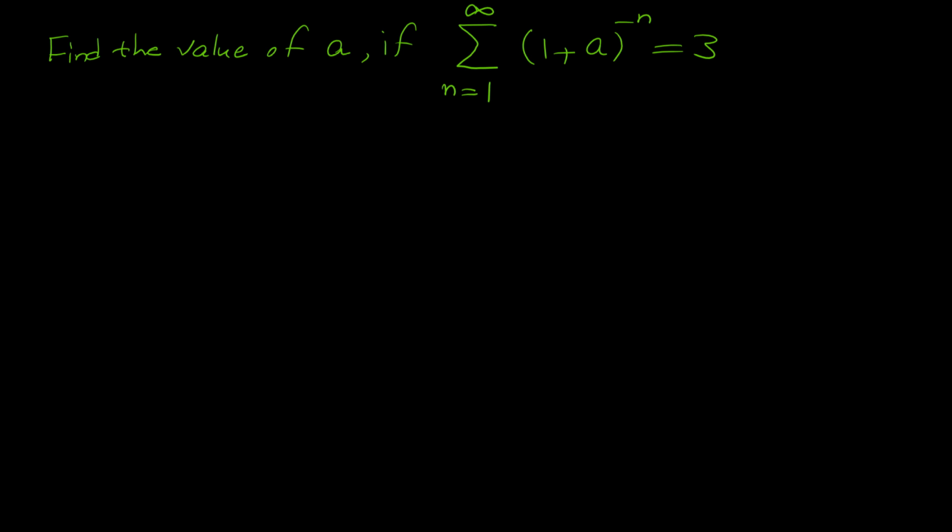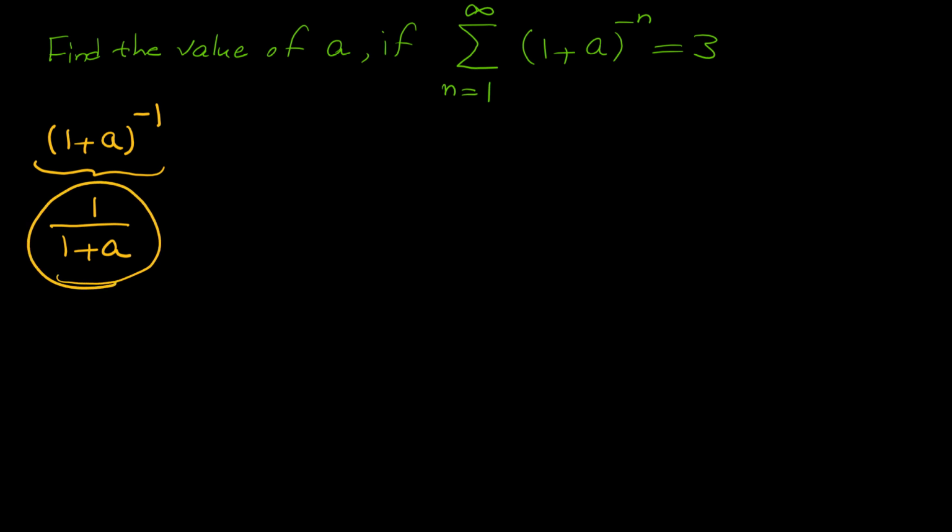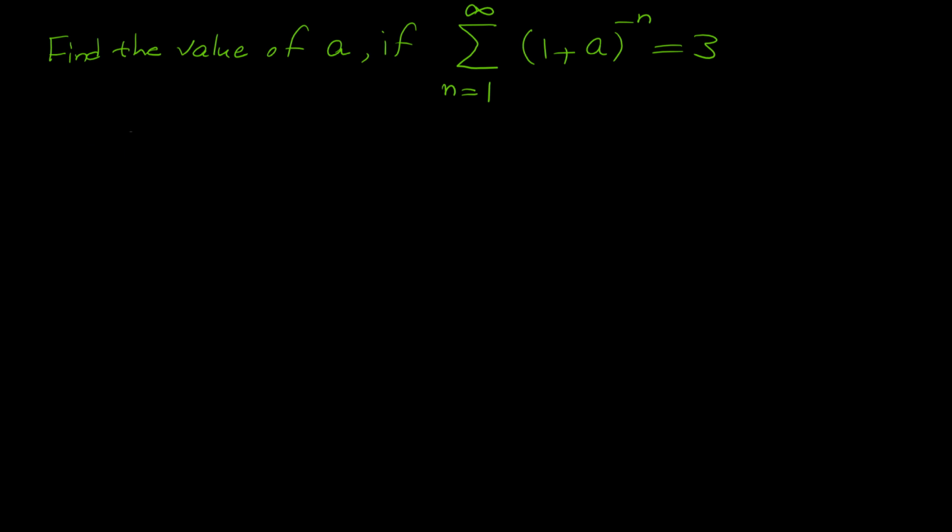The first term is (1 plus a) to the negative 1, which you can write as 1 over 1 plus a. It is up to you to write it in this form or this form. Maybe you prefer the fraction form because you don't like the power to be negative. So when we plug in 1 for n, the first term of this series is 1 over 1 plus a.